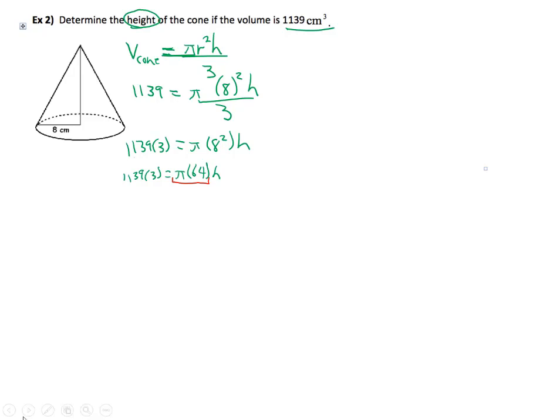So let me just, I'm going to switch back and forth between my colors, so just bear with me. 1,139 times 3 all over what I underlined in red. So I'll have pi times 64. And then that's going to equal h.